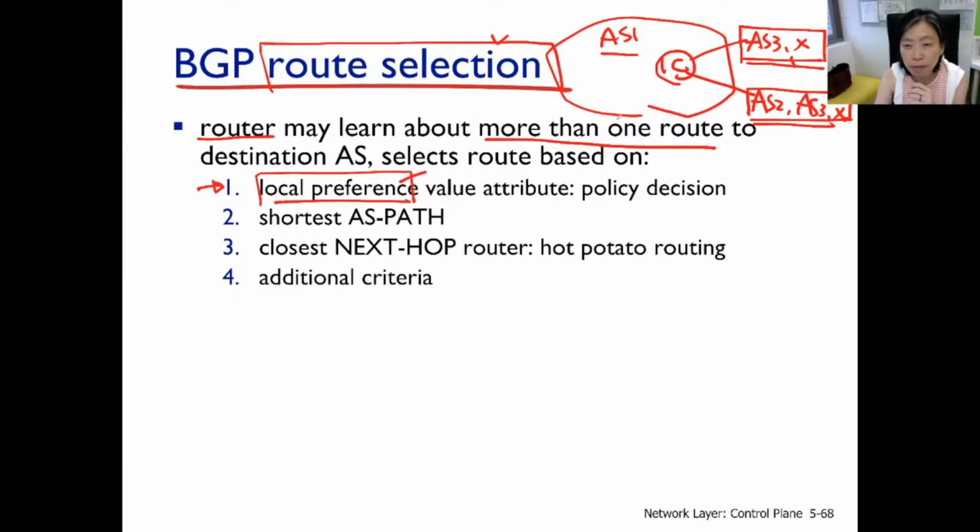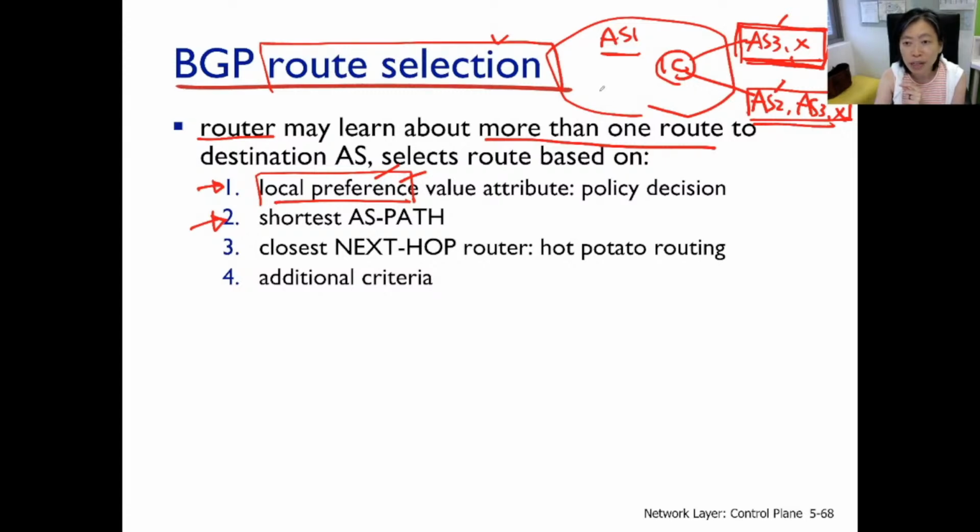So local preference there is usually to indicate, between the two neighboring ASs, AS3 versus AS2, does AS1 prefer forwarding packets to AS3 or AS2? So if AS3 is preferred, AS3's path, so this guy here, is going to carry a higher local preference. Now, if there's no local preference specified, then we go to step 2.